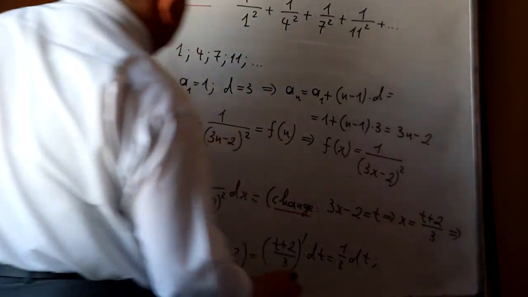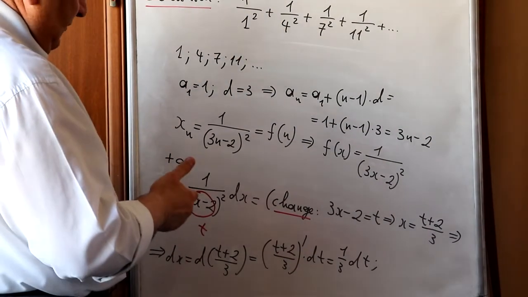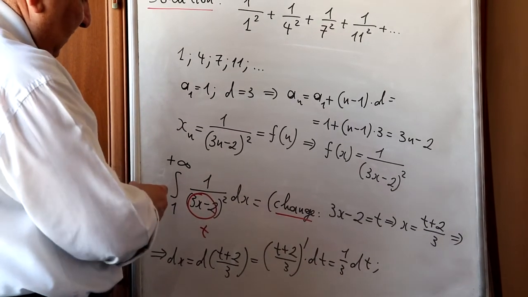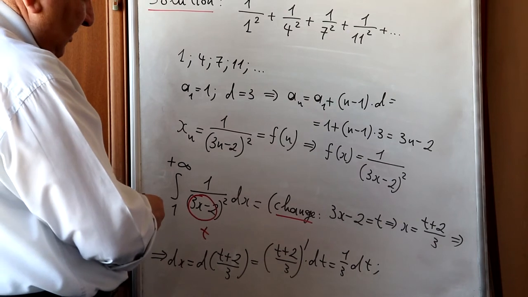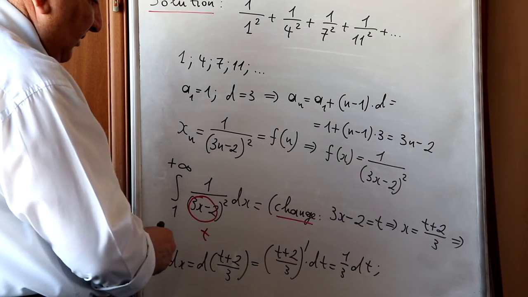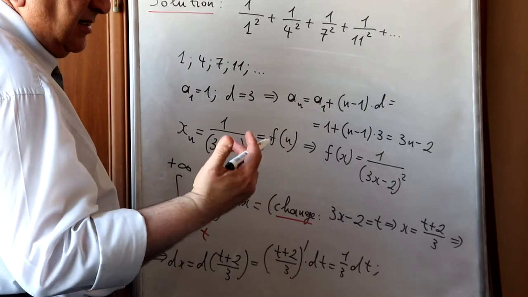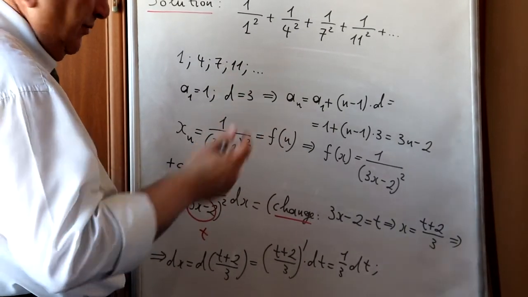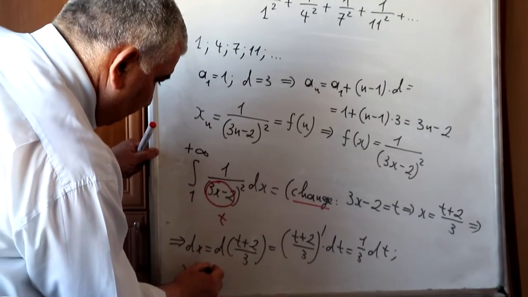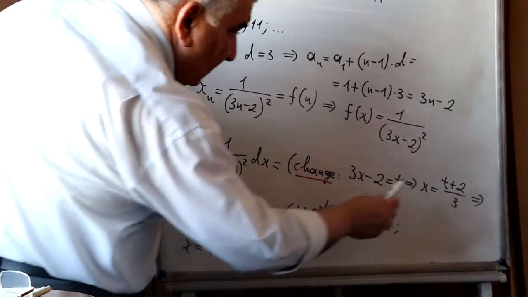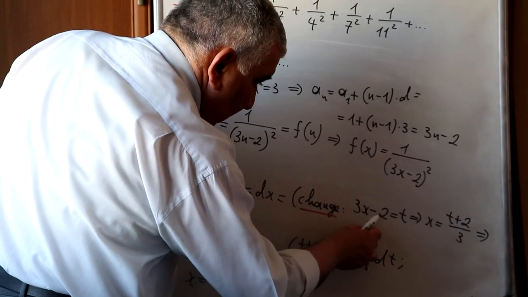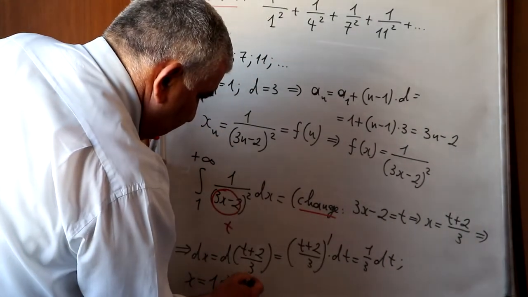Also, we must consider the integral limits. These integral limits are the limits for variable x, and we must find the corresponding integral limits for the new variable t. If x is 1, then find the t. x is 1, 3 by 1 is 3, 3 minus 2 is 1. t also is 1.